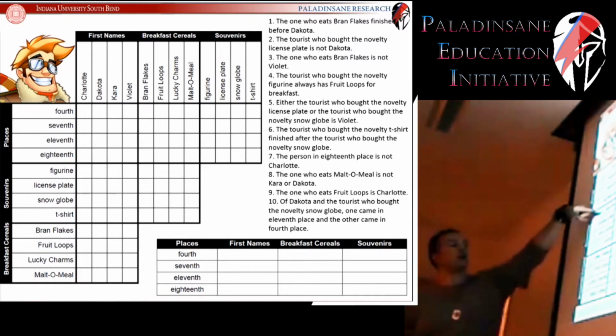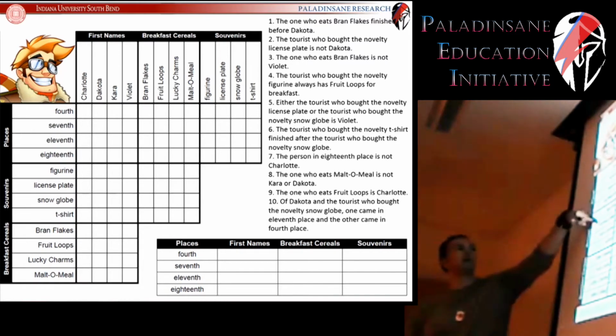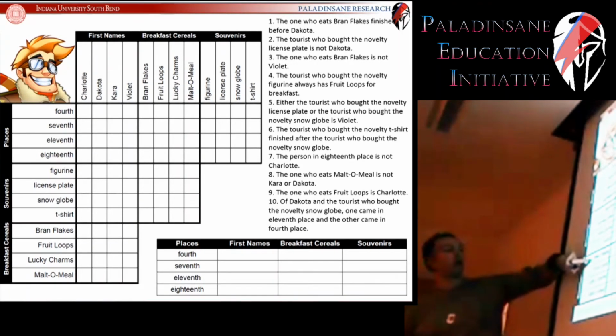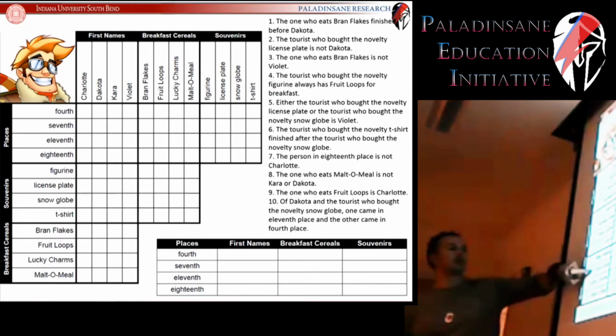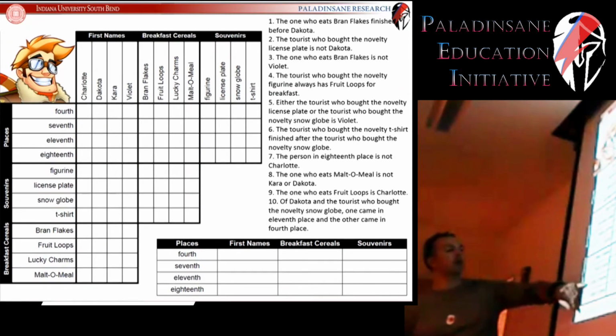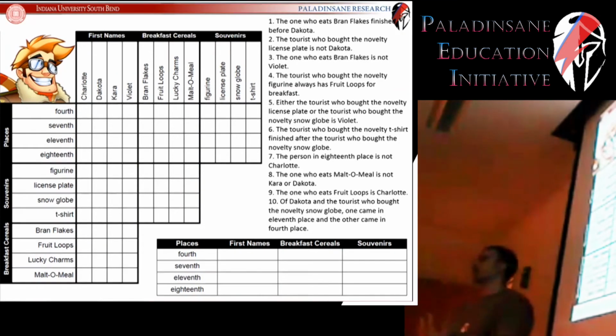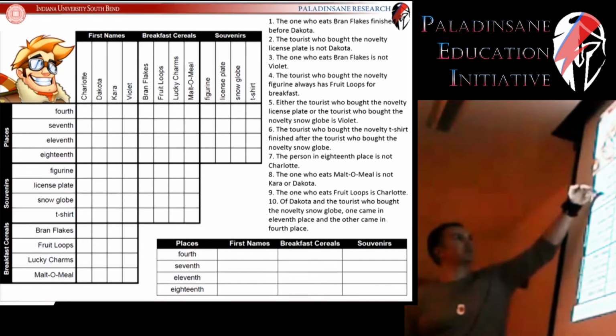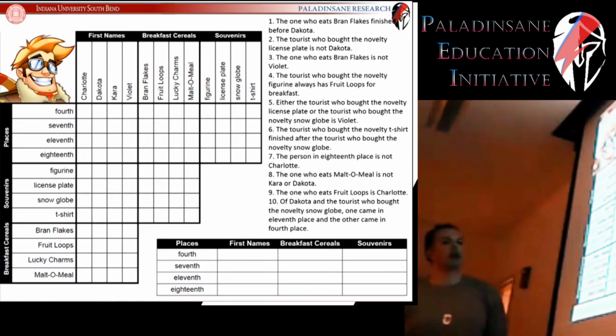So only one person bought the figurine. Only one person bought a license plate. Only one person bought a snow globe, and only one person bought a t-shirt. Only one person likes bran flakes. Only one person likes Fruit Loops. Only one person likes Lucky Charms, and only one person likes malto meal. And only one person ended up 4th, 7th, 11th, or 18th.